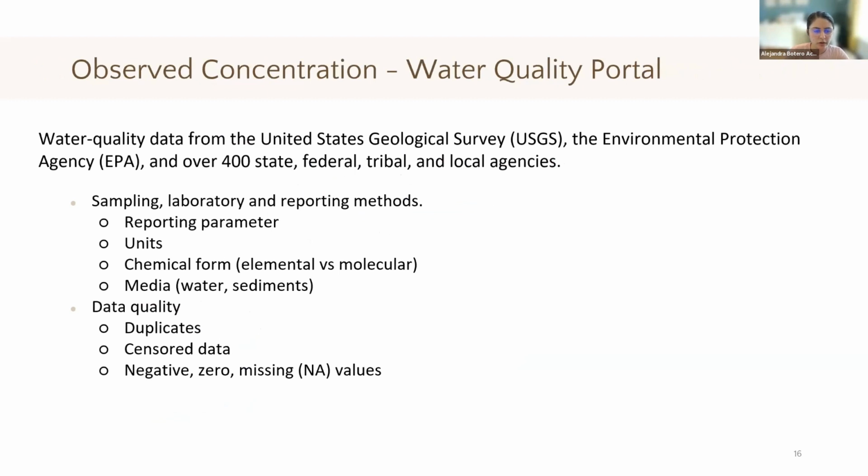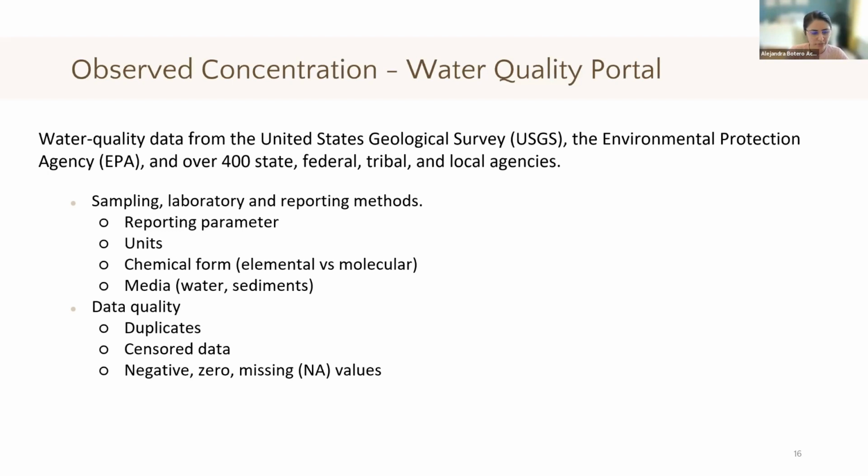So for our observed concentration, we obtain the data from the water quality portal that holds data from USGS, EPA, and over 400 state, federal, tribal, and local agencies. So as you can see, this is a multi-source data set. Then they all use different sampling, different laboratory and reporting methods.